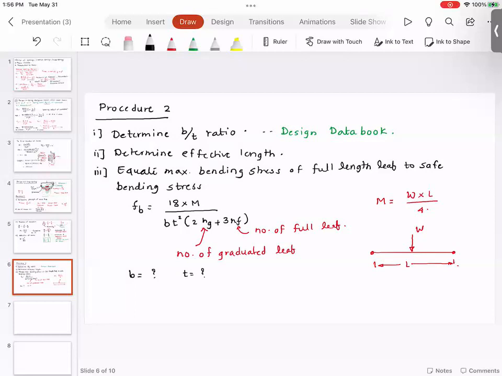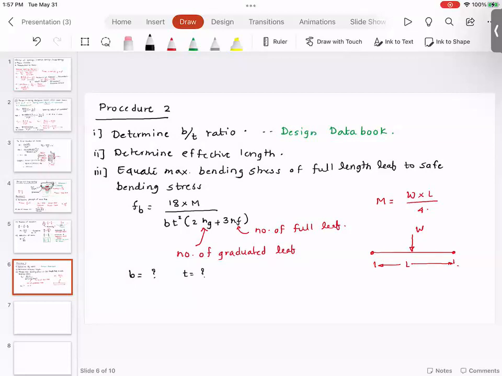Okay, so what I'm going to do is I will just solve one problem on the leaf spring design. I don't think I have asked you to work out any problem in the homework or the quiz.